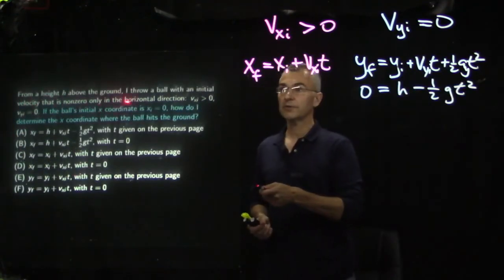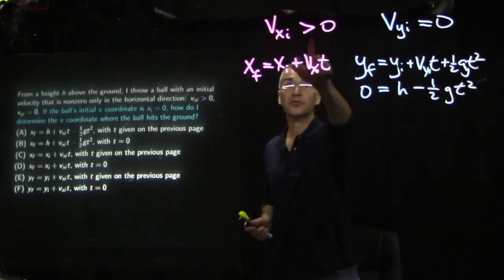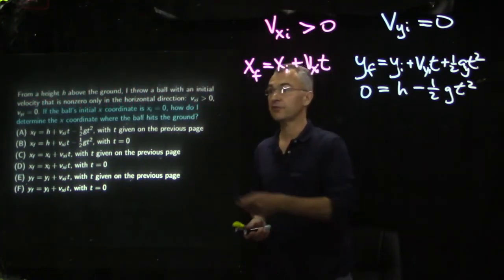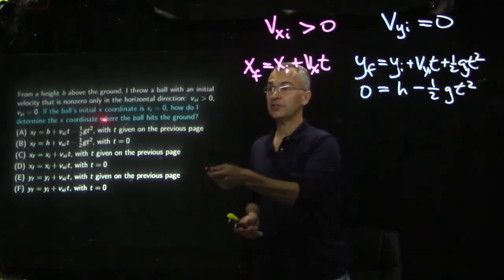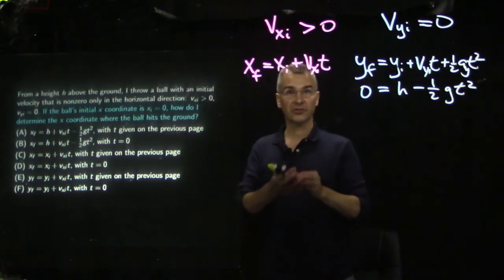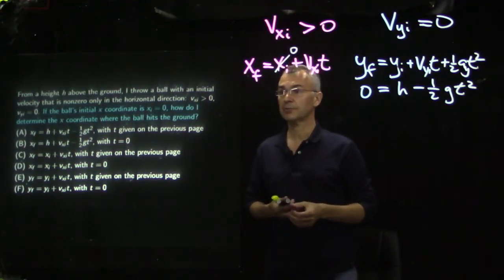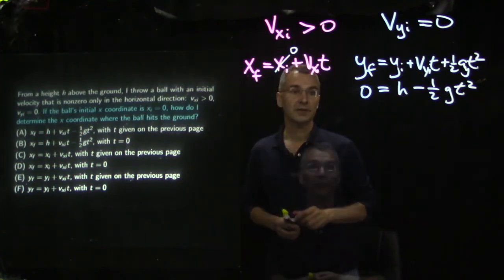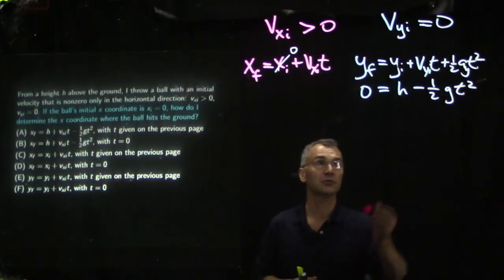From a height h above the ground, I throw a ball with an initial velocity that's non-zero only in the horizontal direction. Vx initial bigger than 0, Vy initial equals 0. If the ball's initial x-coordinate is x initial equals 0, how do I determine the x-coordinate where the ball hits the ground? Well, first we figure out the time when the ball hits the ground, and that time is determined by the vertical motion.